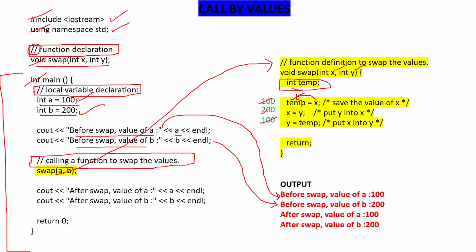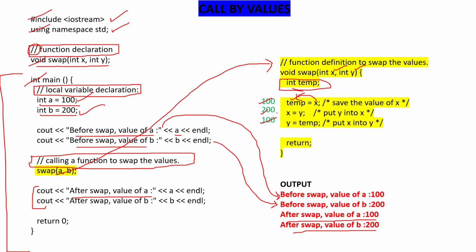Okay. So after swap, value of A is 100, after swap value of B is 200. So the control will come to swap and then this is printed. After swap, value of A is... this is where you have to see very carefully.